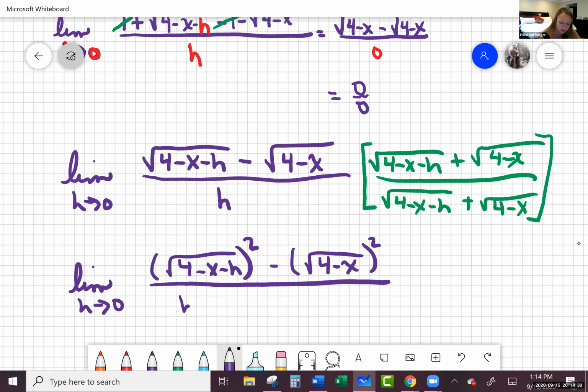So we're going to keep this piece in factored form. And if we didn't, then we would have to refactor it so that things cancel out later. So I'm just going to rewrite this as h all times the square root of 4 minus x minus h, and then plus the square root of 4 minus x.